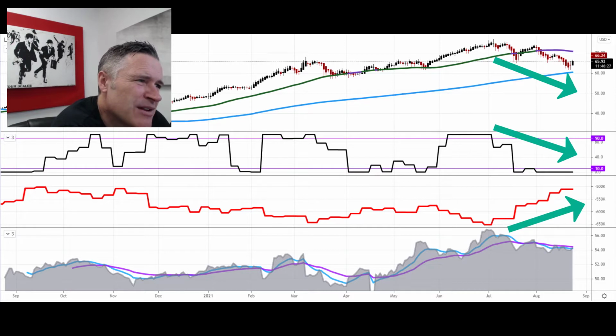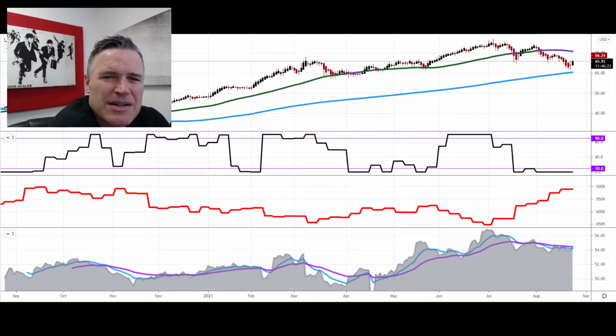And it's got to be remembered, the commitment of traders information is more of a longer term tool. It's updated every Friday, so you've got to expect movement of price in between, but as a longer term gauge it can be useful, as is the seasonality.